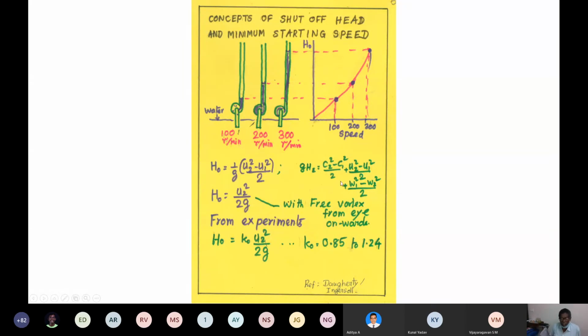Now you see the first equation, H naught equals 1 by g into (U2 square minus U1 square) by 2. This you can get from the Euler equation. Euler equation we initially indicated by the simple thing, that specific work is equal to delta UCU.